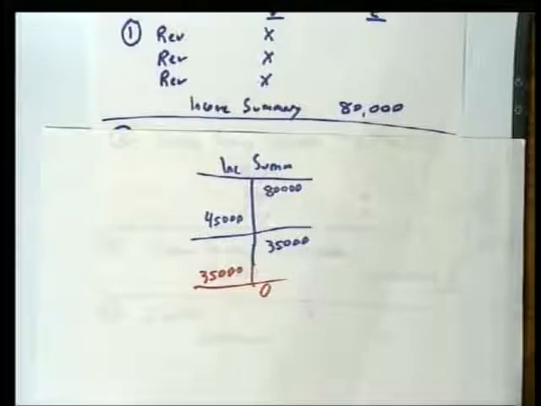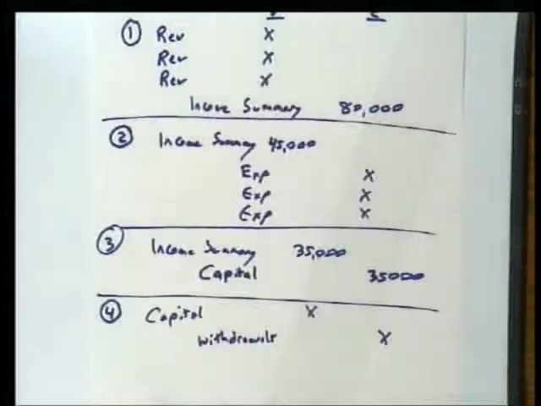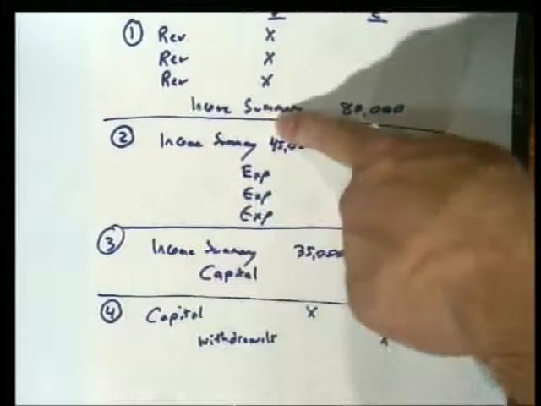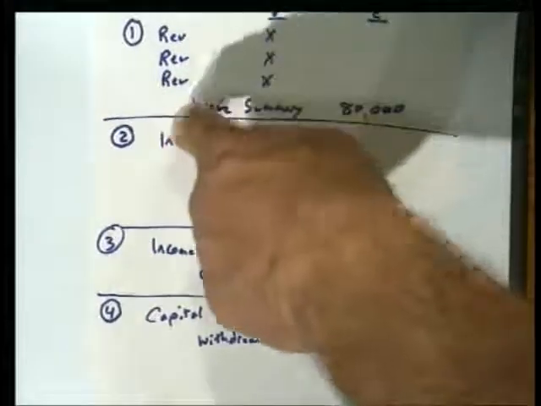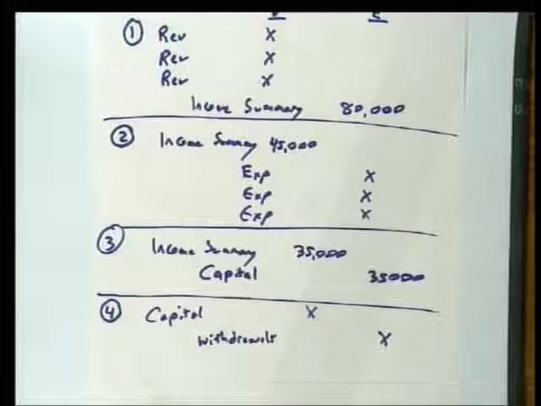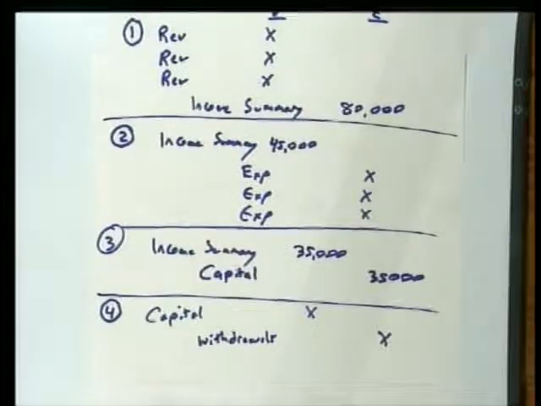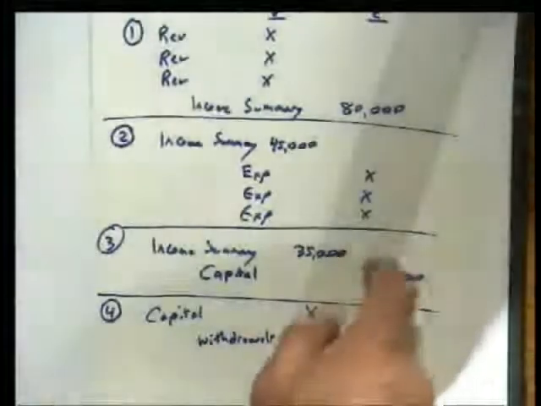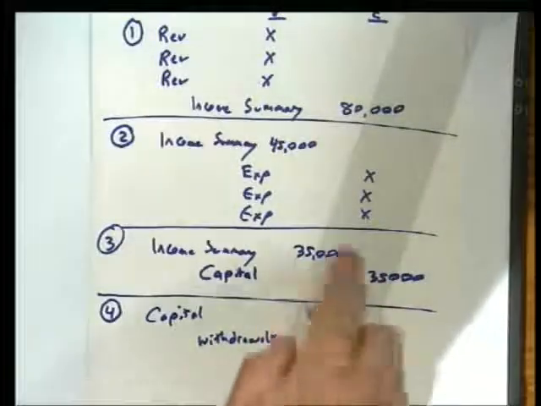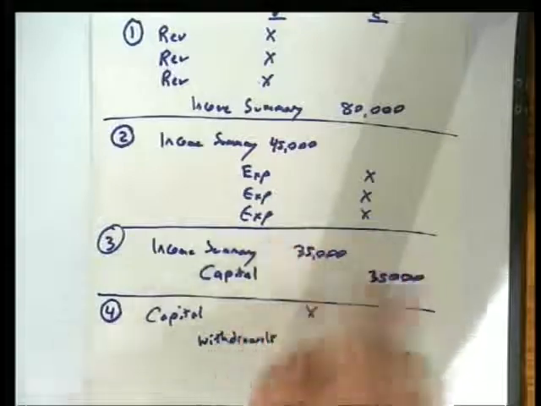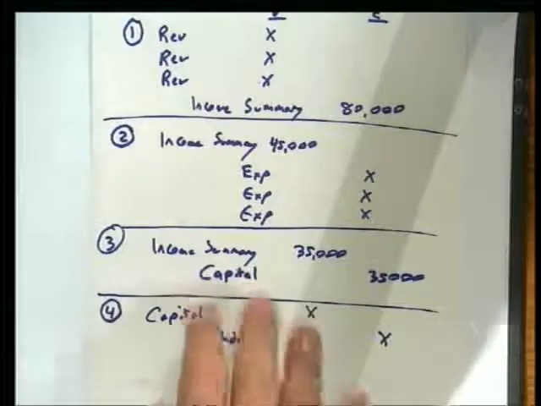Some students have astutely said, why don't we just close revenues to capital and then close expenses to capital, and then we don't need an income summary account? Well, you could do that, but one thing with accounting is we like to make as few journal entries to capital as we need to. And by using an income summary account, the only amount that gets credited to capital is the net income. So this is the way that we like to do it.